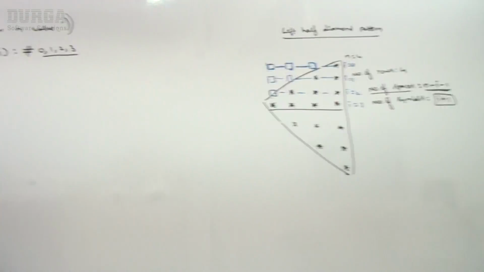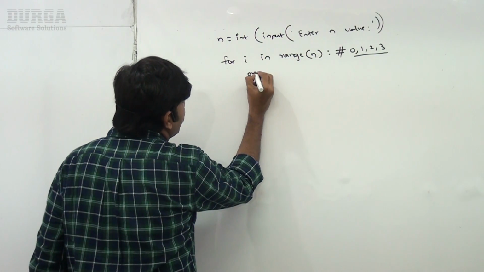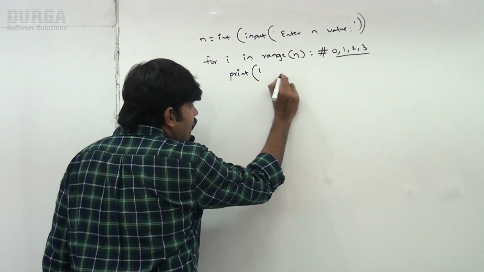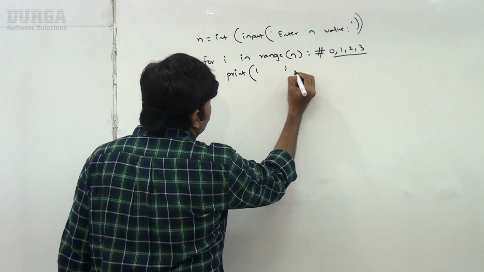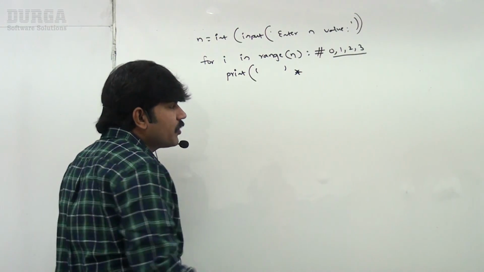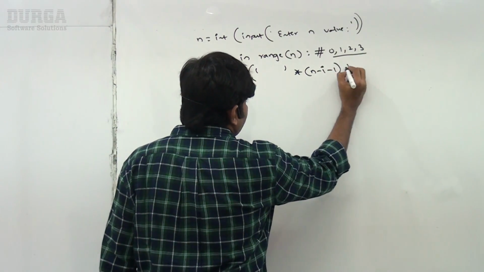Okay sir, now for i in range of n, print space symbol followed by space separator, meaning 2 spaces, multiplied by how many times do we require this space symbol? n minus i minus 1 number of times.